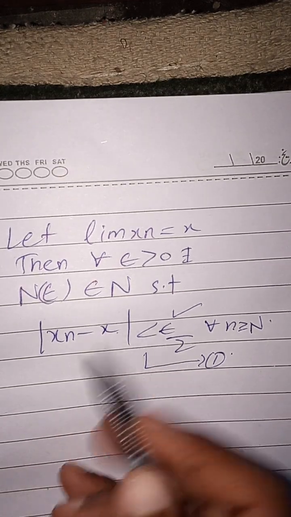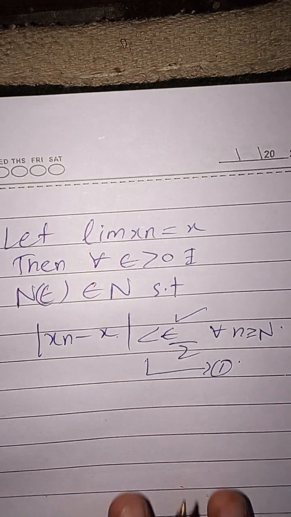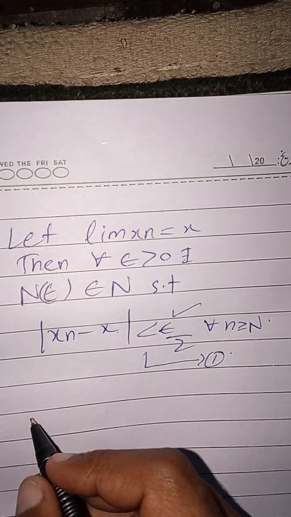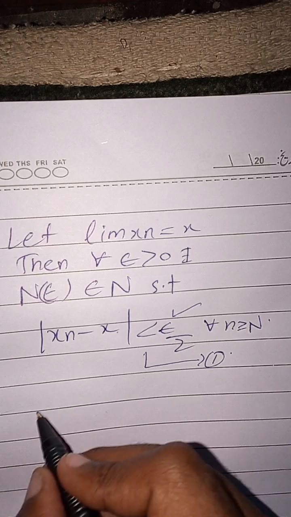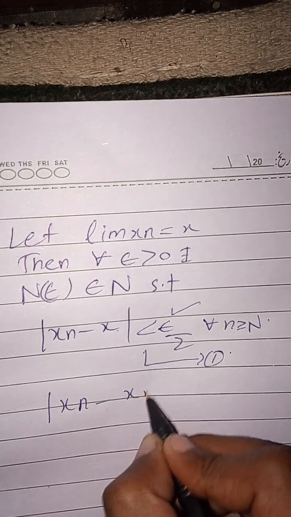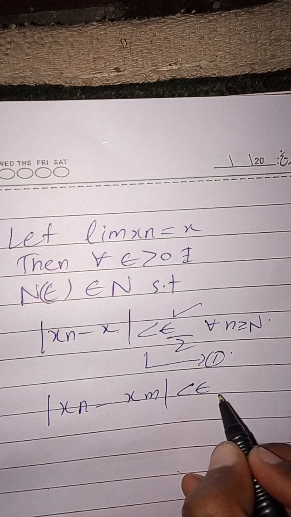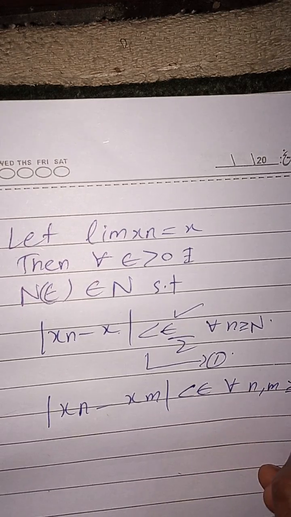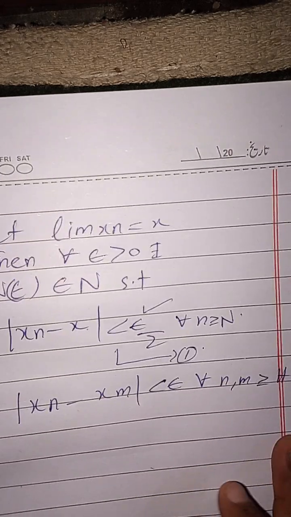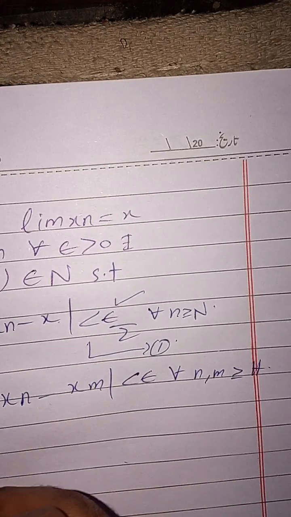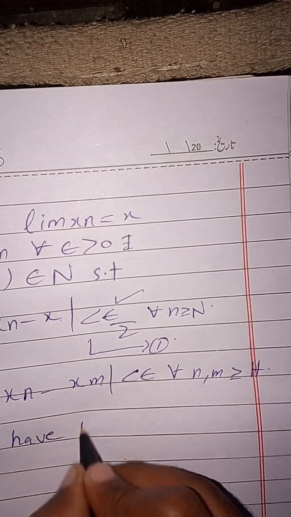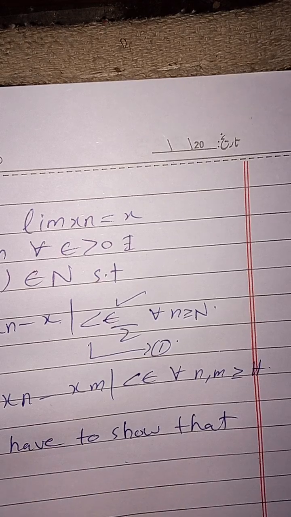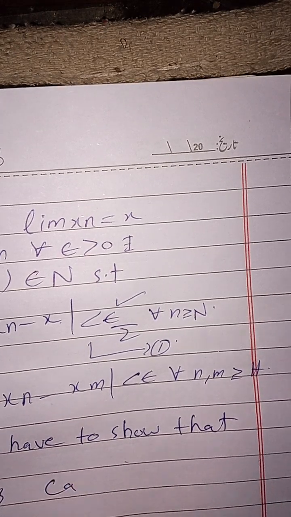Why are we writing it here? I will tell you. Because we have to prove that the difference of the nth term and mth term is less than epsilon for all n and m greater than or equal to H. Now we have to show that x is Cauchy.